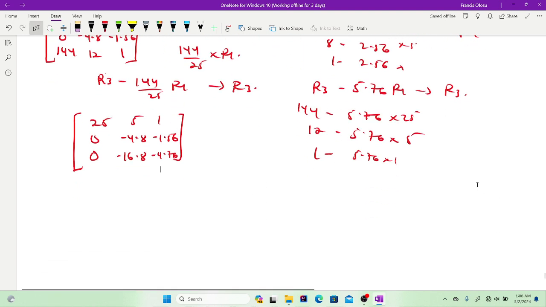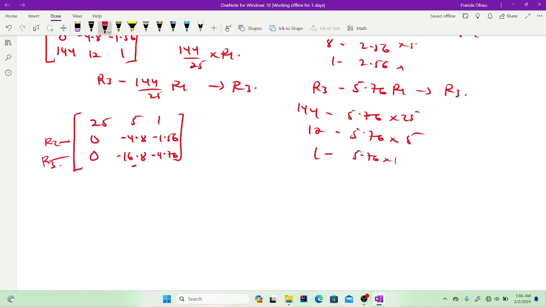So at this point, I've been able to take all these out. I'm only left to remove this. Whenever you are doing row operations, converting a matrix to an upper triangular matrix, and you reach this level, we focus on the inner 2 by 2 matrix here. At this point, row 2 becomes my new pivot row, with R2 and R3.